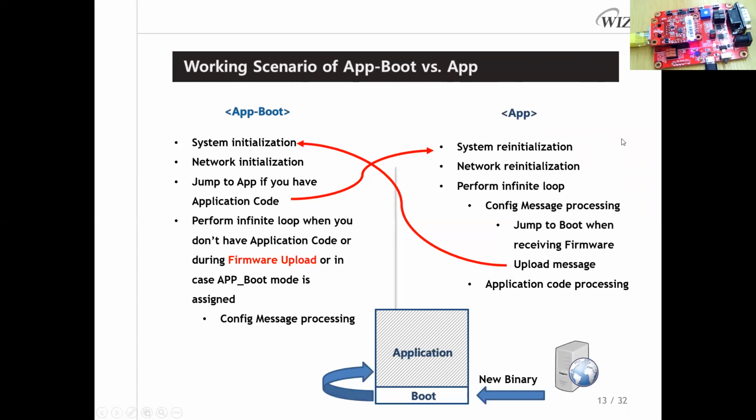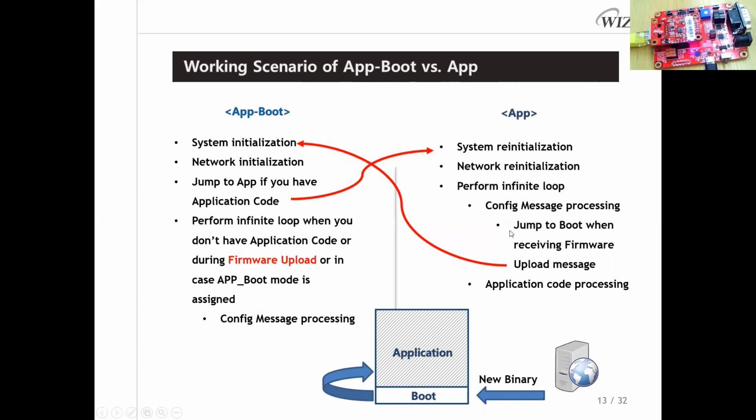When power is on, the app boot is executed. System initialization is done, and network initialization is executed for the communication between the PC application and the serial to Ethernet converter via Ethernet. After that, if application code exists, it will jump to the application area.